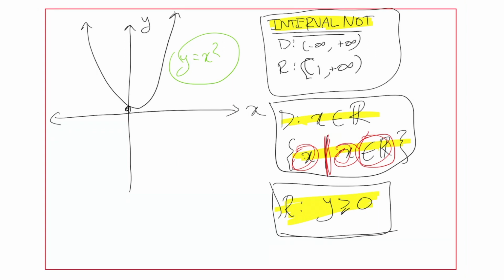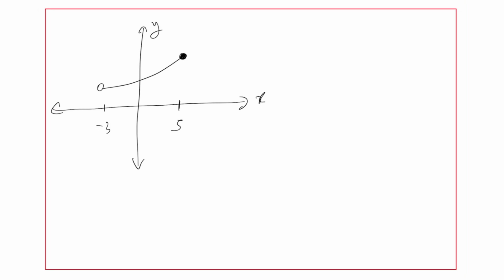Now let's go through another example. In this example, I don't really know how this function is defined. It's just a random function, but let's find the domain and range in all the different ways we learned to write them. First way, let's start with set builder notation. Let's look where this function exists in the x-axis. Where are all the possible inputs that would yield outputs in the function?